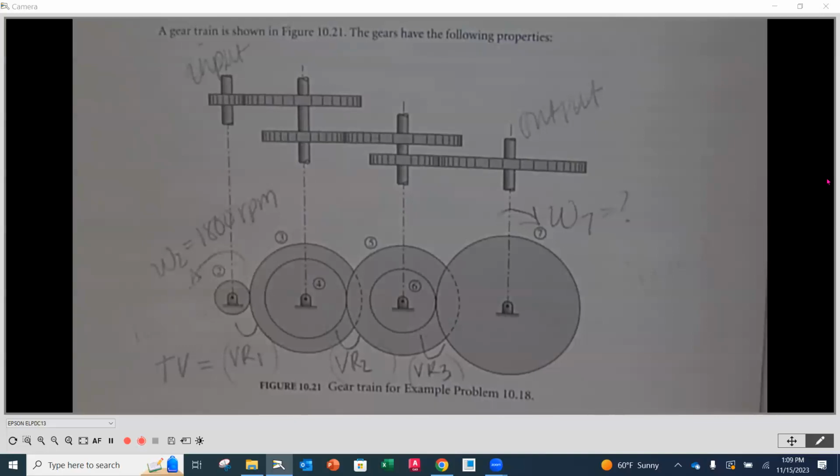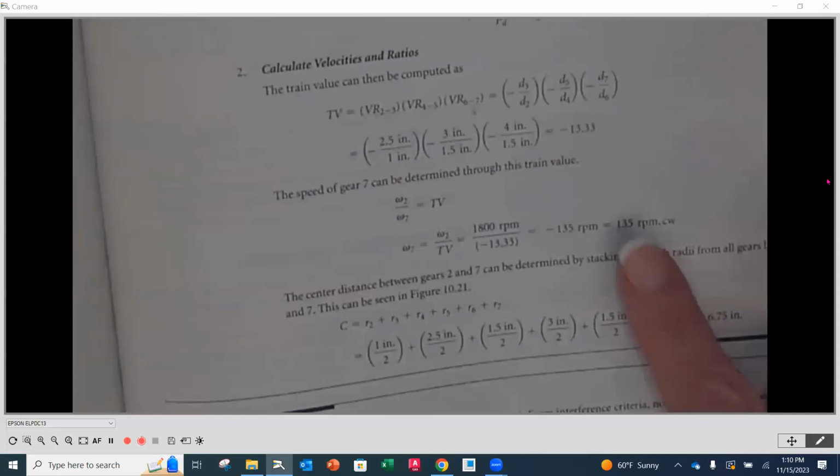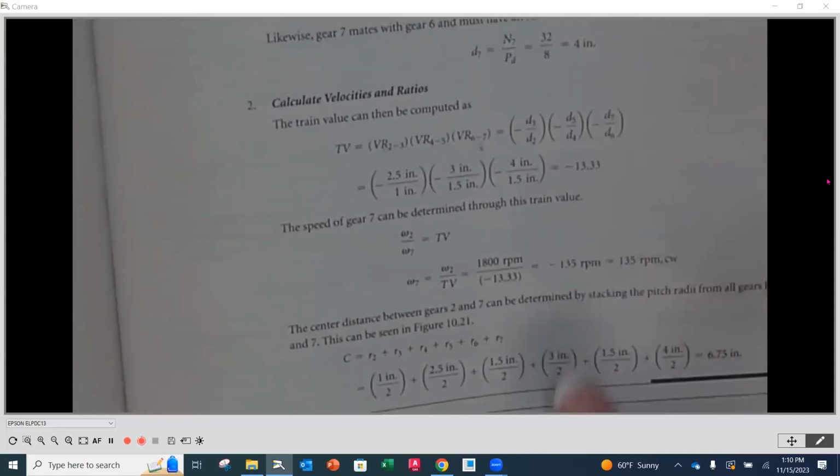So whether you use it or not is totally up to you. I don't always use it. I forget about it, honestly, because I can usually see what's going on. But this is a nice little check on that. Any questions? So if you're wondering what that negative is, it's just to determine the direction compared to the original input.